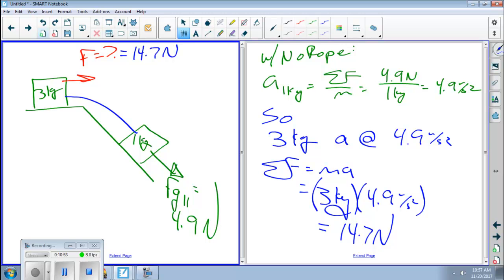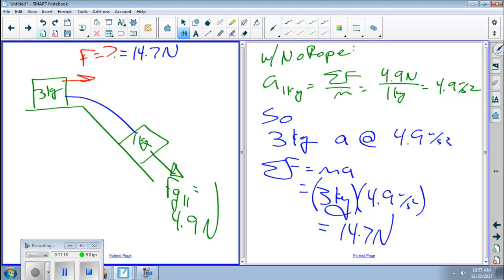Yep. Okay. Let's see. There's a mathy way to do this too. Cam, go ahead. So with the rope slack, can you just assume that tension is 0? Exactly. Then you can just solve.